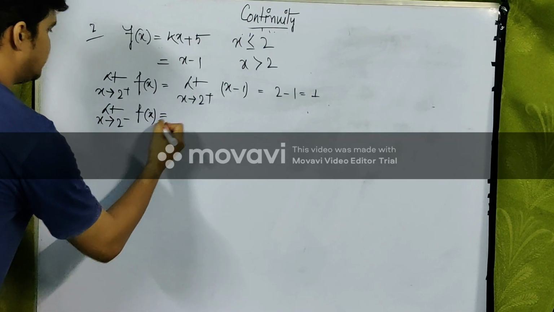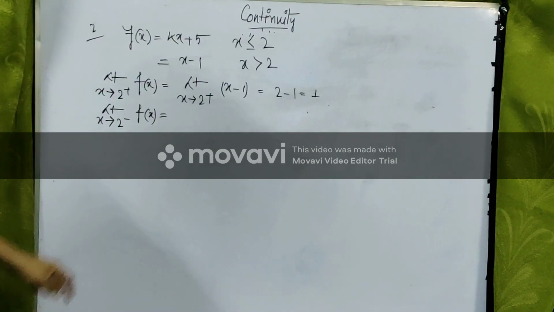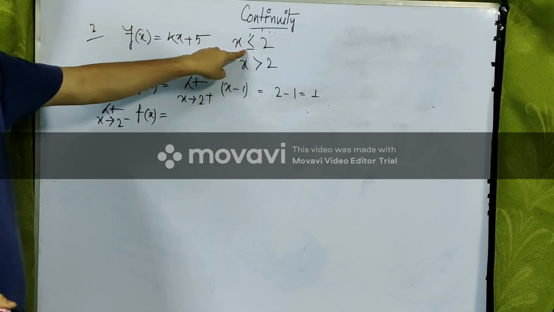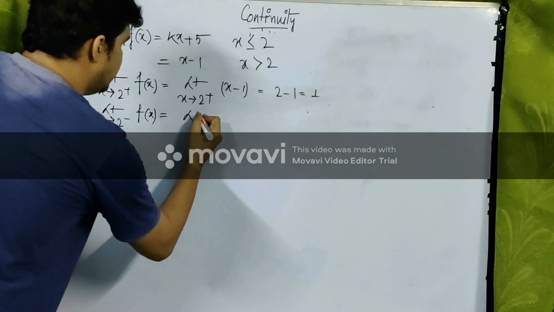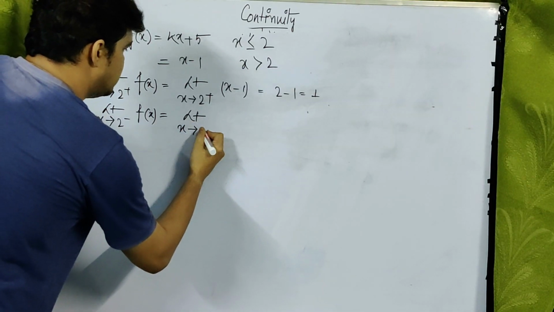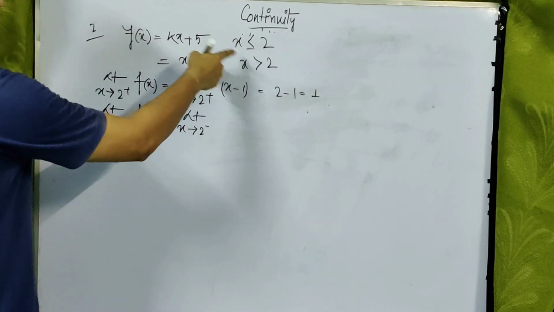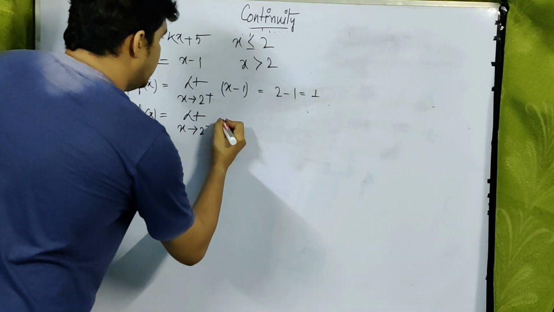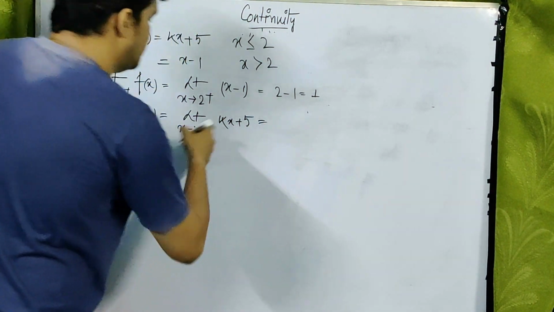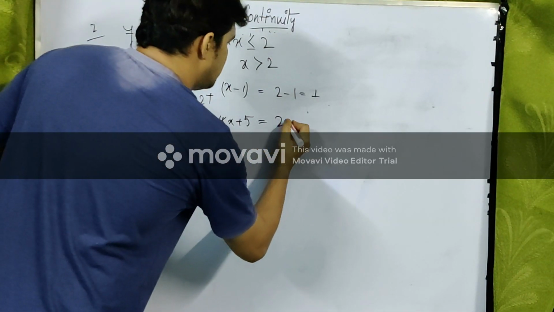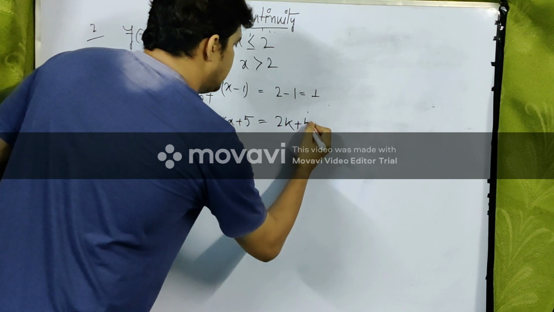How is the function defined when x is less than 2? Here, the function is defined in this way. So the limit as x tends to 2 minus, and the function becomes kx plus 5. Now if I put 2 in this function, I will get 2k plus 5.